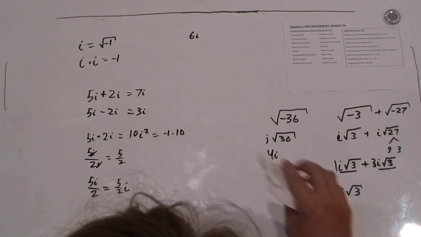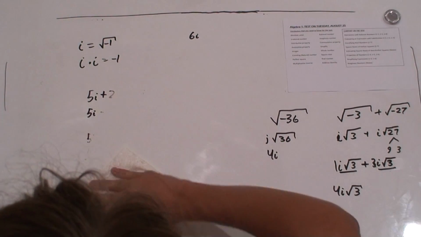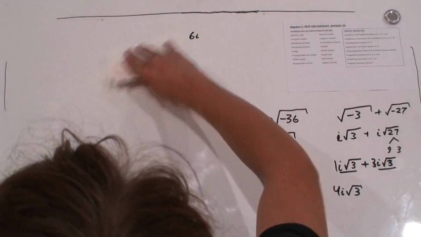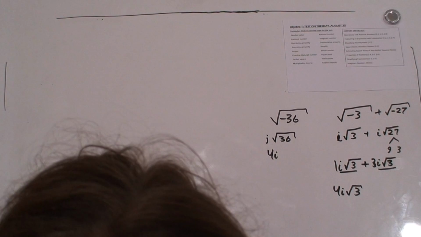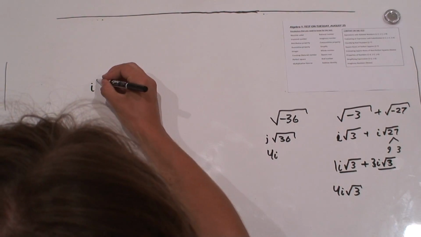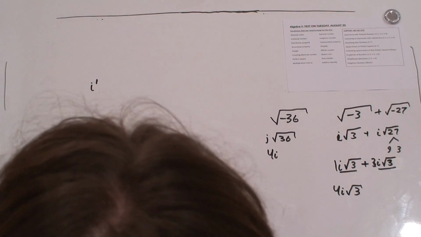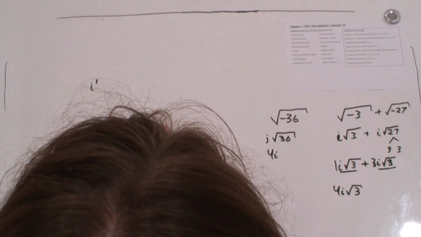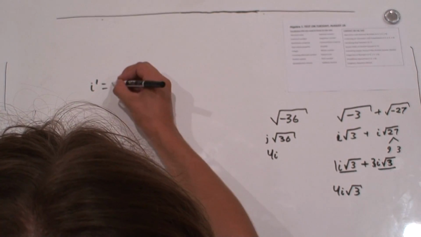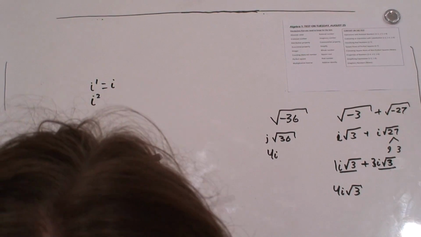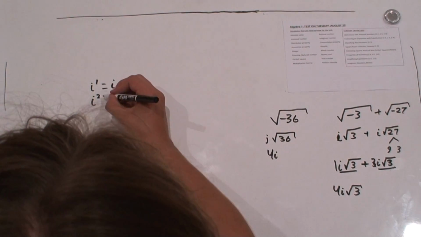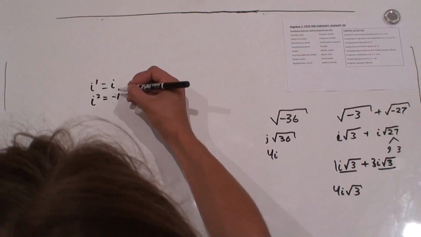Now, powers of i, we never really got to that in class. But it would be something like i to the first power. It's just i once. So that would be i. Then we have i to the second power, which we said earlier was -1.